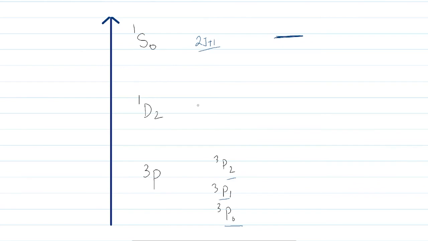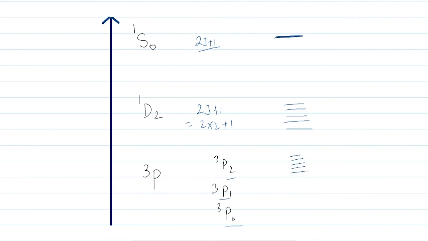And for 1D2, we have 2J plus 1 is equal to 2 into 2 plus 1. What we have? 5 energy states. And for 3P2, okay, what we'll have? 2 into 2 plus 1 again, 5 combinations.